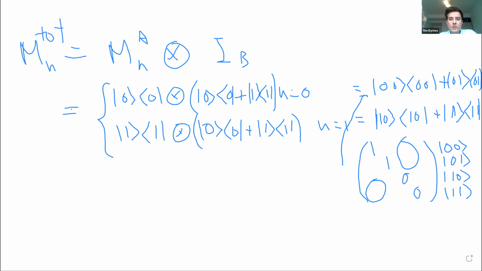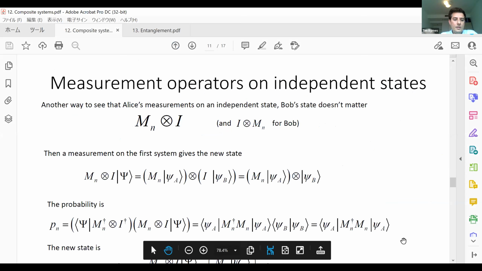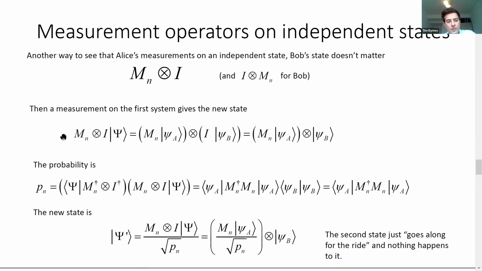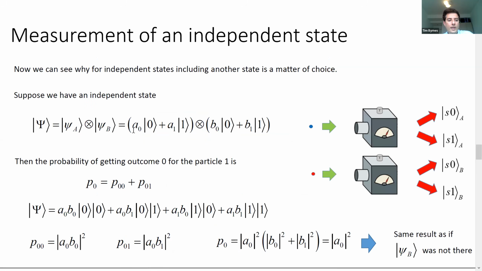So we just go back to whatever I had in the slides here. That's basically what I was trying to tell you. But then I give a particular example here: what if the measurement operator where just Alice does the measurement gets applied to this particular state where we have this independent state, right?